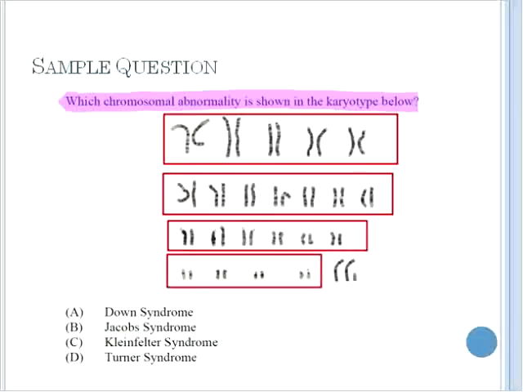However, when you get to the sex chromosomes, in this case the individual has X, X, Y. X, X, Y is characteristic of Klinefelter syndrome, choice C. The correct answer in this case is indeed choice C, Klinefelter's.